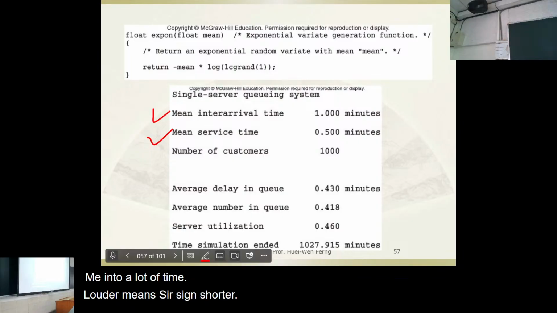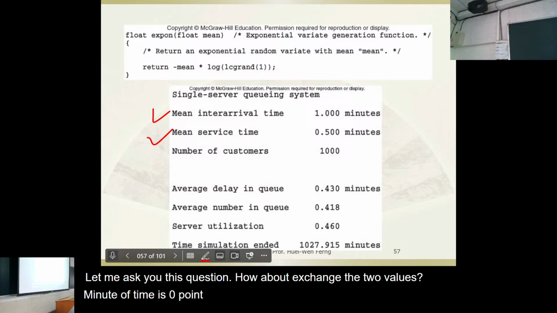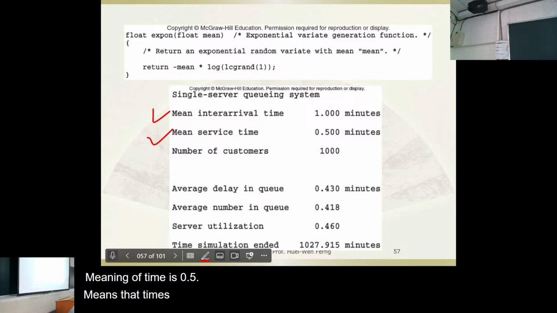Let me ask you this question. How about exchanging the 2 values? Mean inter-arrival time is 0.5. Mean service time is 1. Is it okay?